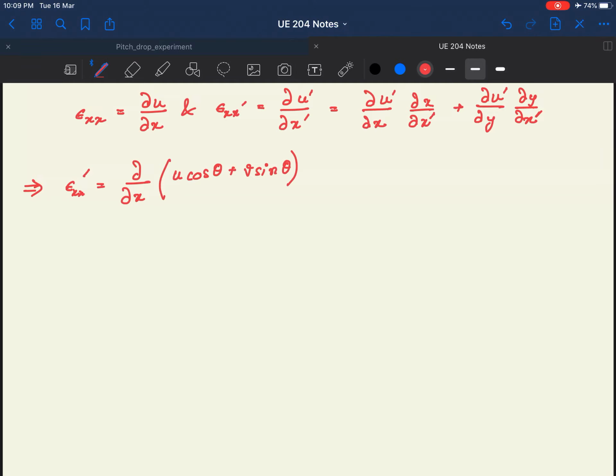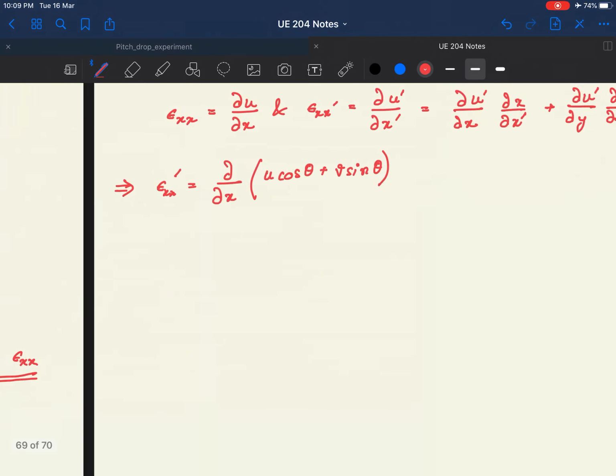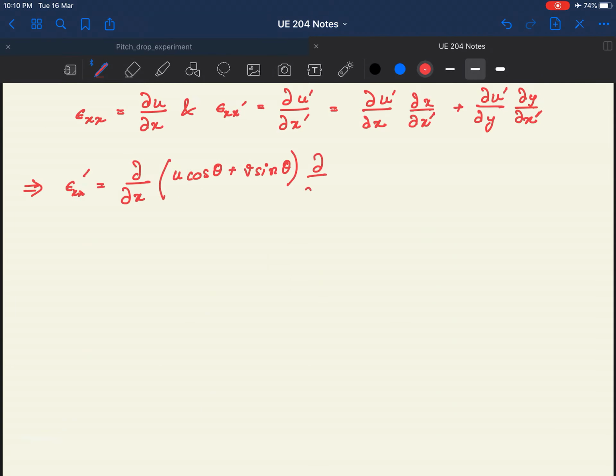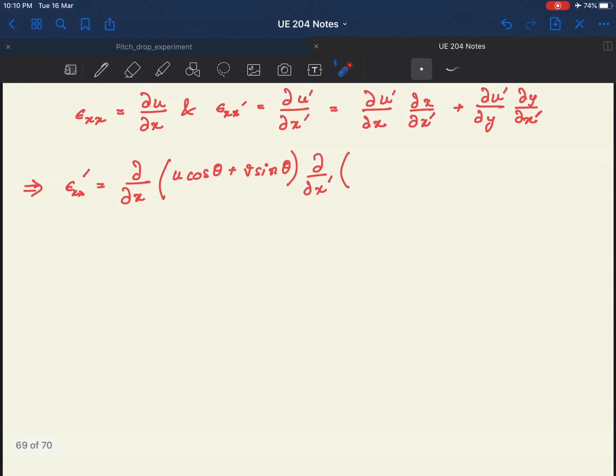Then I have to replace del x dash. Because I had flipped it, from this transformation I get x dash cosine theta minus y dash sine theta.